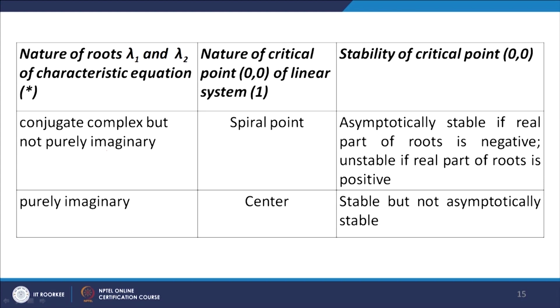We had seen that in this case 0 0 is a spiral point, and if alpha is negative, then the point 0 0 is asymptotically stable, but if alpha is positive, then the point 0 0 is unstable. And just now we discussed the case where lambda 1 and lambda 2 are purely imaginary, that is plus minus i beta. In that case we had the critical point at 0 0 as a center, it is stable but not asymptotically stable.